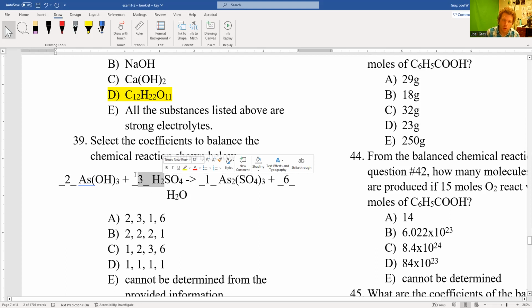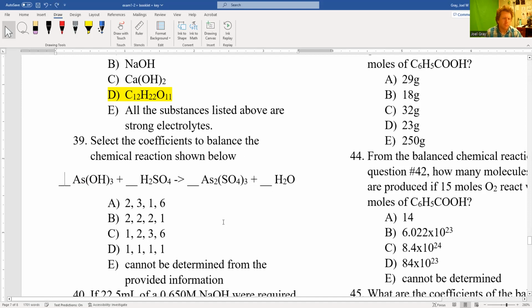So I've got 12 hydrogens on each side. Then this SO4, I've got 3 SO4 there, and 3 SO4 here. So that's a nice way to approach this sort of problem: just select one of them and go back and forth and add them all up.